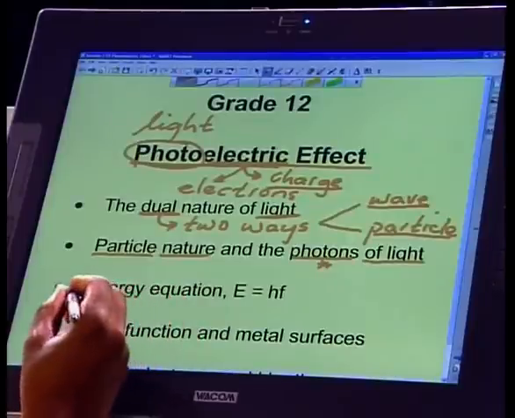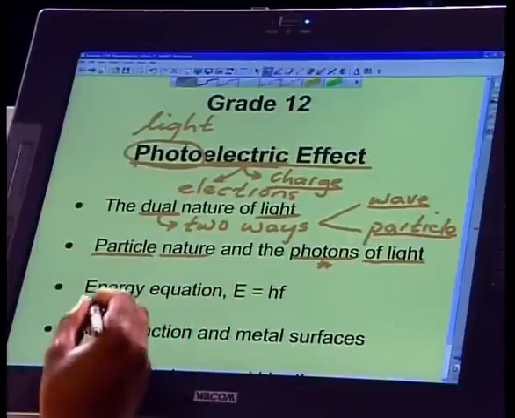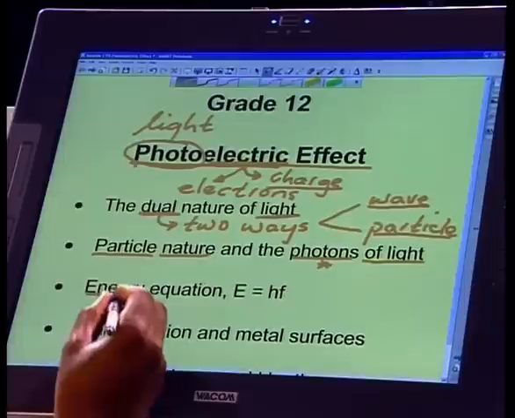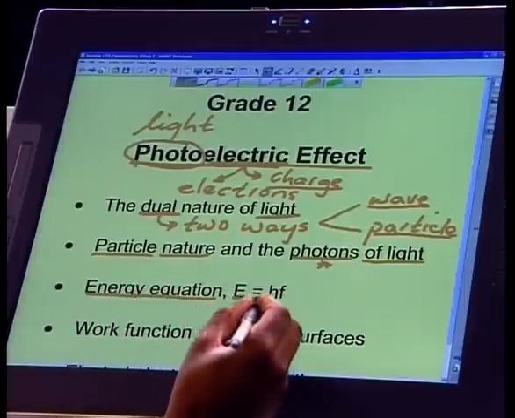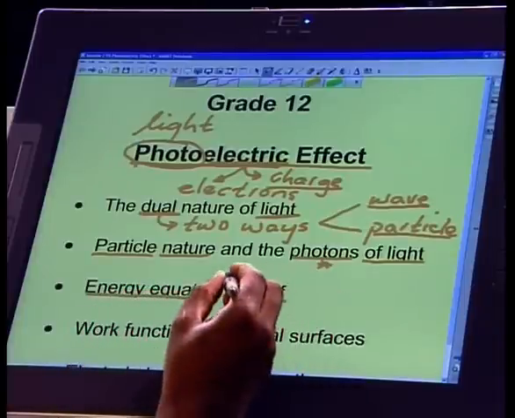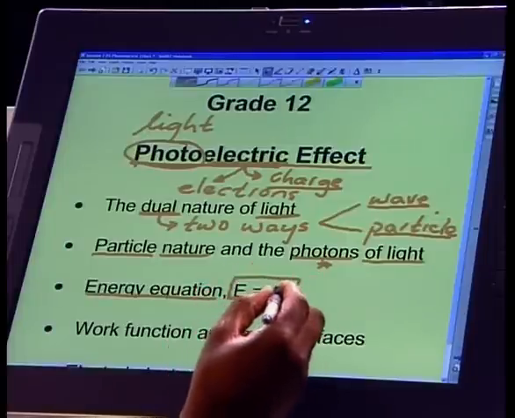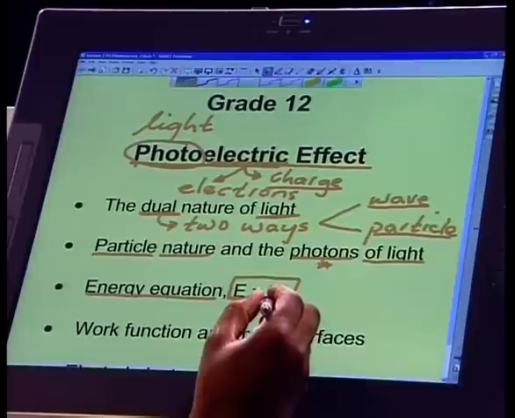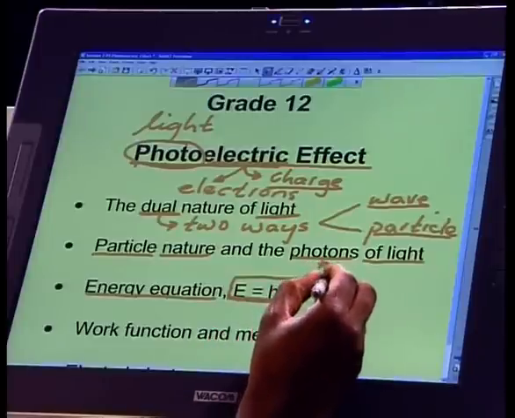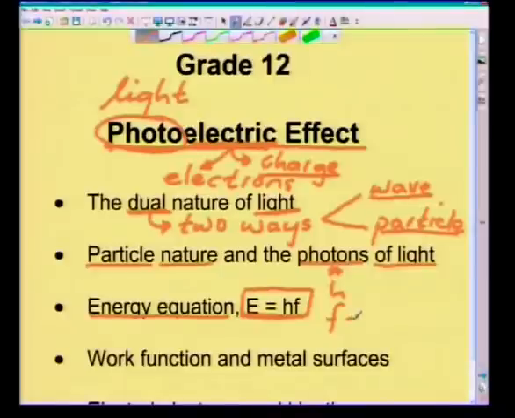Now, when we talk of the particle nature of light, we can't do so without talking about the energy equation, which is E equals hf. Now, I will explain more what h is, but at this point in time, having done a lot on electromagnetic radiation, you would understand where f comes from. f is the frequency.